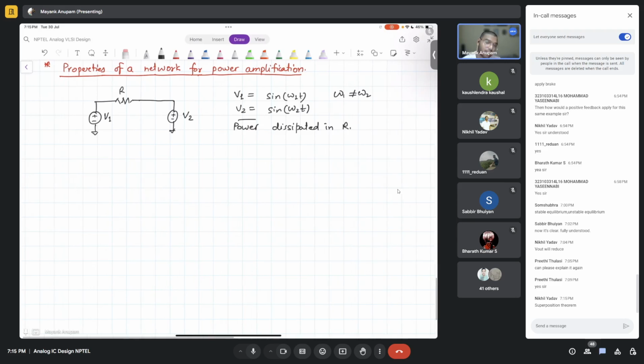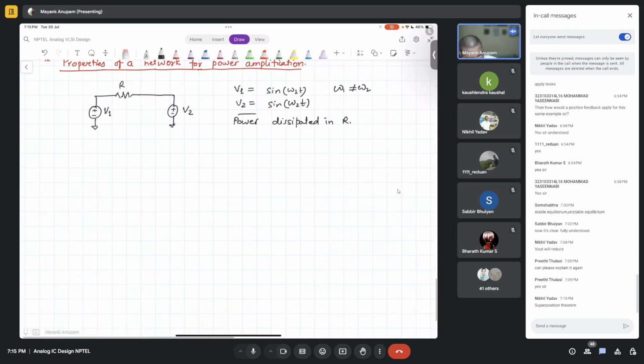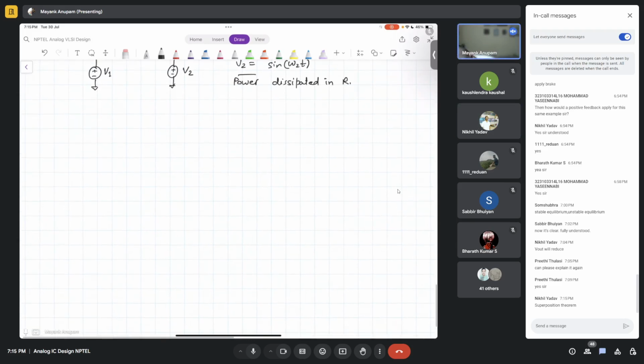This is actually very much motivated from the assignment that you have. One is saying superposition theorem. So how will I apply superposition theorem? Nikhil Yadav, you can maybe unmute yourself and say something about it. What do you mean when you say superposition theorem? Find individual sources, then add the power. Okay, so let's do superposition theorem quickly.